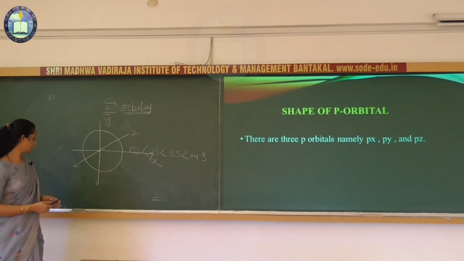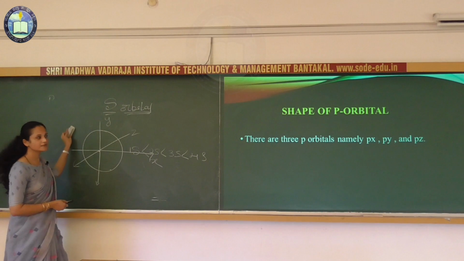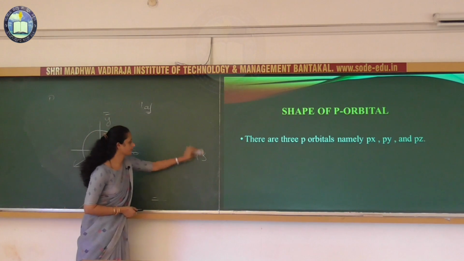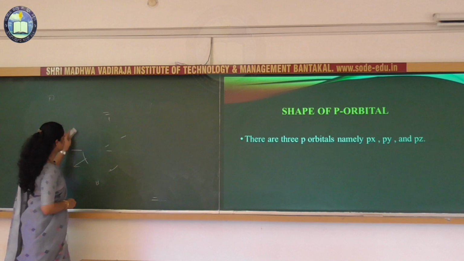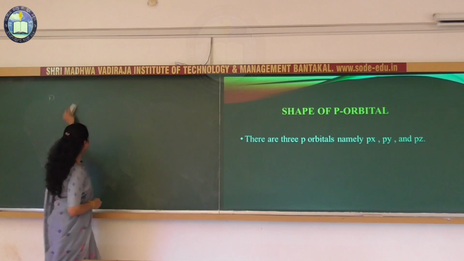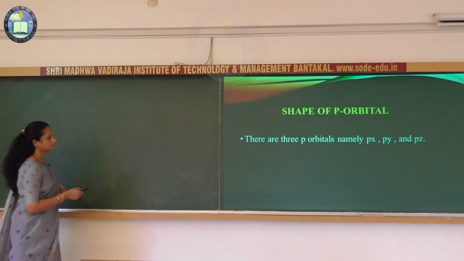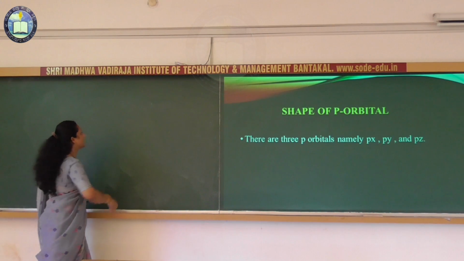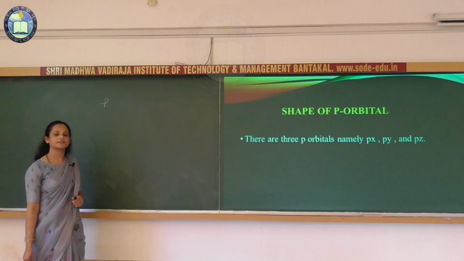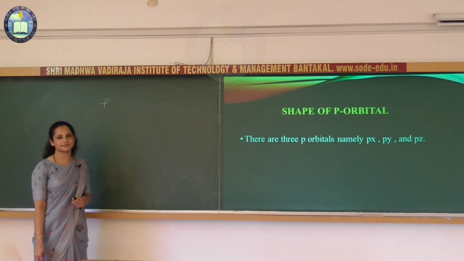So what shape does the p orbital have? Let us discuss the shape of p orbital. We know that for the p subshell there are 3 p orbitals.